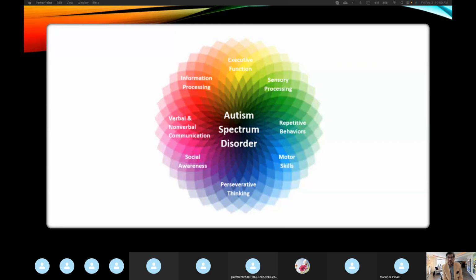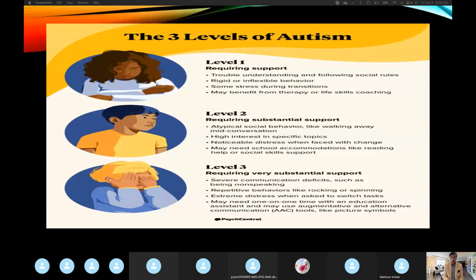Social awareness, sometimes these people do have, and verbal and non-verbal communication is affected a lot. And information processing, of course, is difficult in these children, and it is complicated. We'll go through the details of most of these symptoms.